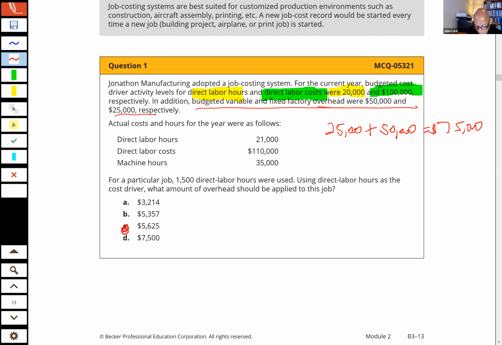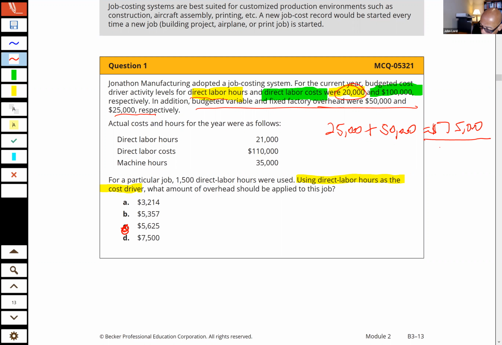And then they start giving us some actual cost for the period. They tell us that for a particular job, 1,500 direct labor hours were used, and using direct labor hours as the cost driver. So we need to pick up the 20,000 direct labor hours that they budgeted.